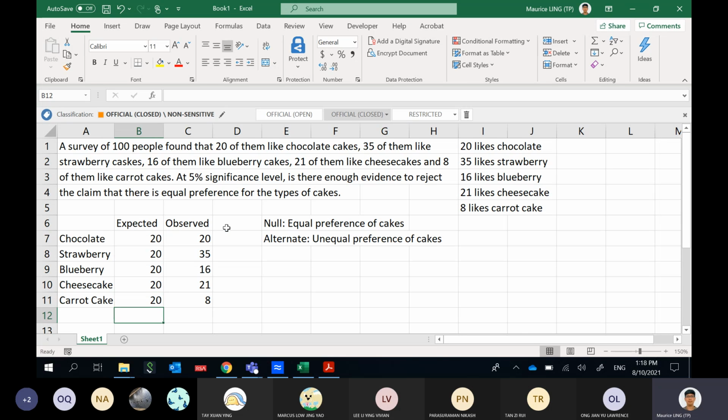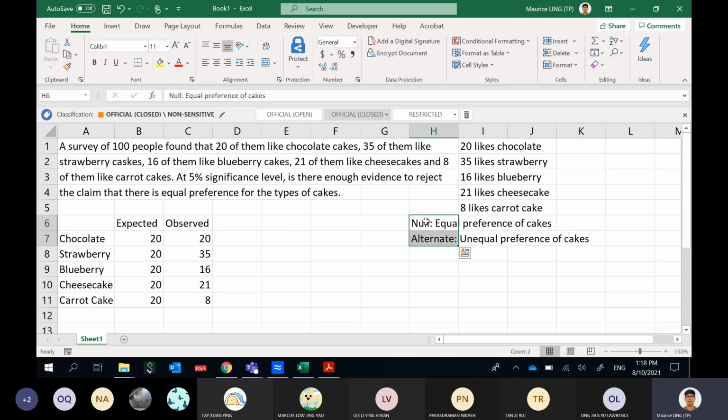So what you're going to do is to test whether your observed data is close enough to your expected data. Okay, so what do we do mechanically?